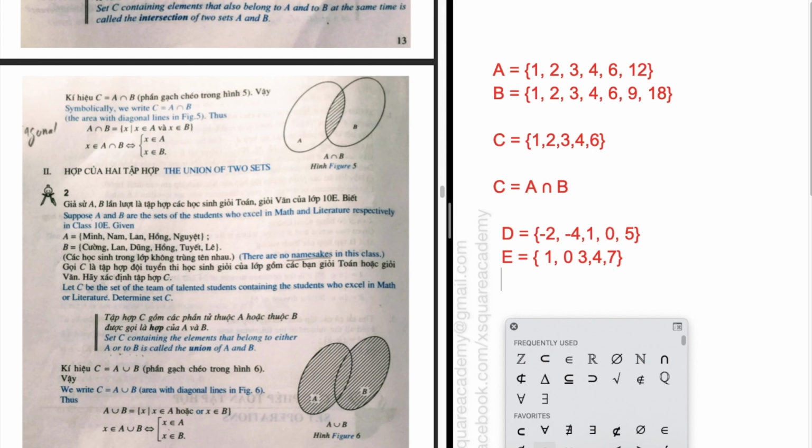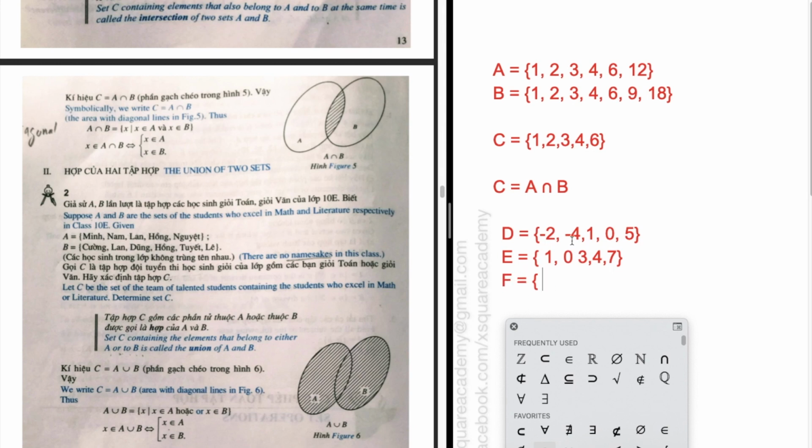And if I call F the intersection of D and E, so F will have to contain the common elements of D and E, right? So F contains, you see, -2 is an element of set D, but it is not an element of set E. So -2 is not an element of their intersection.